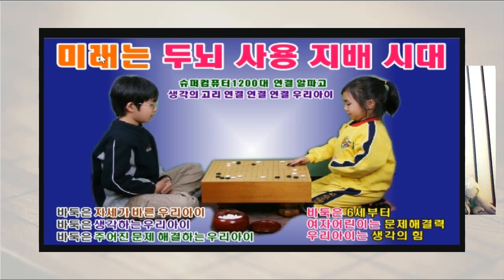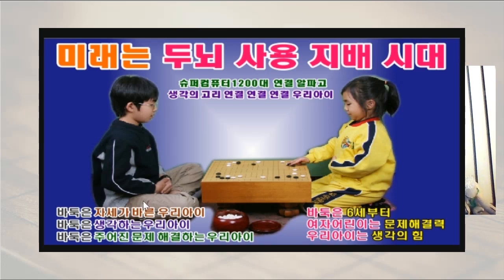The first sentence says, the future is about using your brain. And then the second one says, AlphaGo uses 1200 supercomputer CPUs. Your children can learn to think like that. Yeah, right. I mean, it's so true. It's very good for thinking.